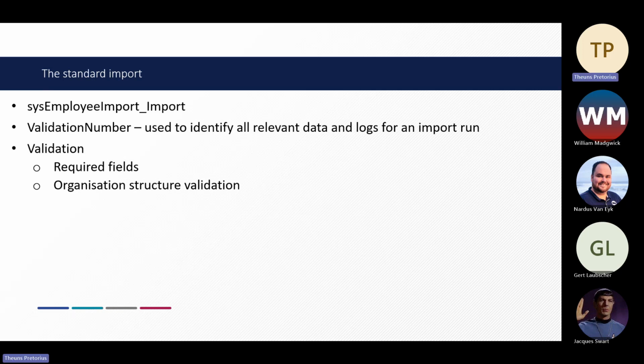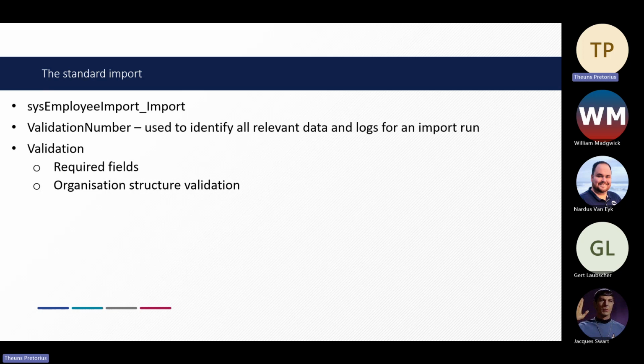Organization structure validation. Do all of the org levels report to each other or not? Is that validated? If not, the whole record is rejected. So only the record where that error occurs is rejected, not all the rows, or else we will import nothing.